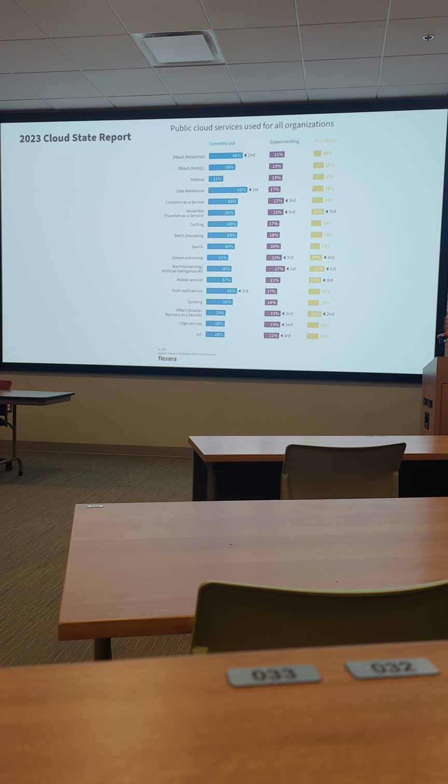But for now, just take it as it comes and try to have these words sink into your mind over time. Cache, batch processing, search, streaming service processing, AI, and IoT. This is not so small either. Edge services.